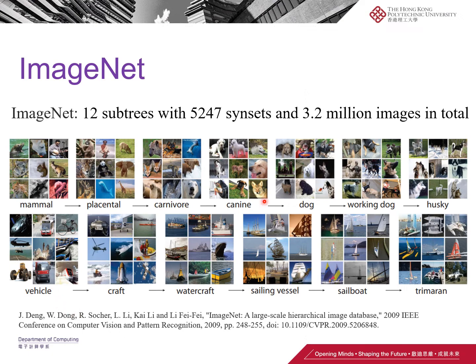There are actually 3.2 million images in total. So it's pretty large, a much larger data set than traditional data sets. In traditional data sets, we usually only have something like several hundred images.